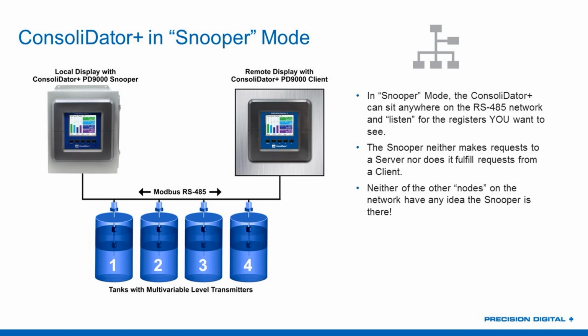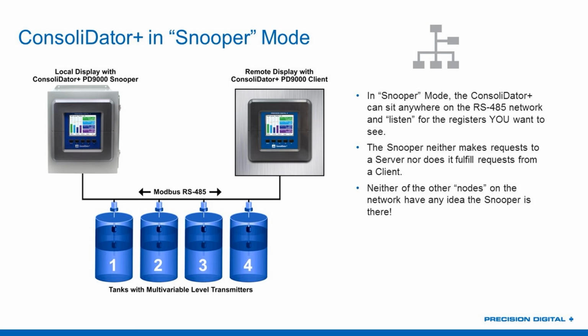Namely, it can snoop up to 199 registers instead of 16. So what does snooper mode do? Well, it pretty much eavesdrops on the conversation between the server units and the client.